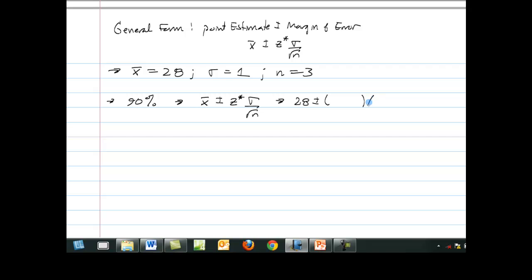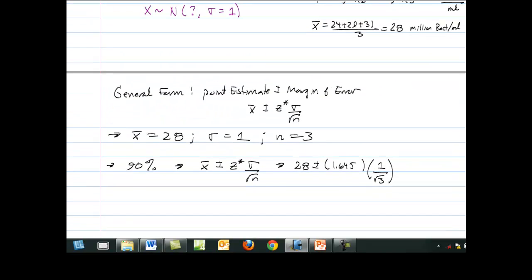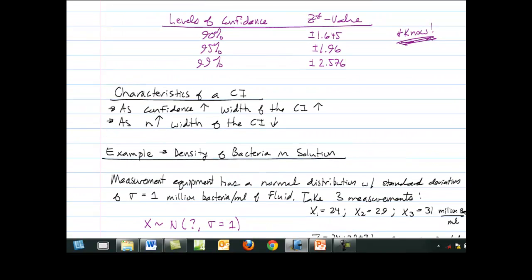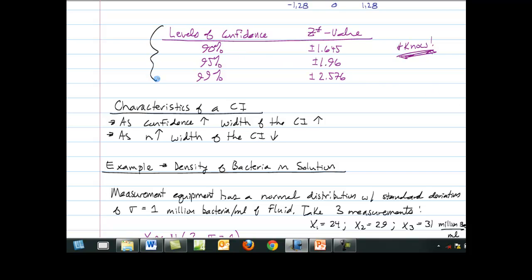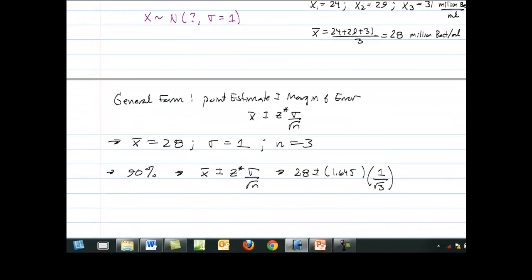Sigma is 1 over the square root of n, which is the square root of 3. Now remember where Z star came in. 90% of the data is centered about the mean, which would mean I'd have 5% in either tail. So this was a value of 1.645. And again, these values I gave right up here. Again, worth memorizing, 1.645 for a 90% confidence interval with sigma known.